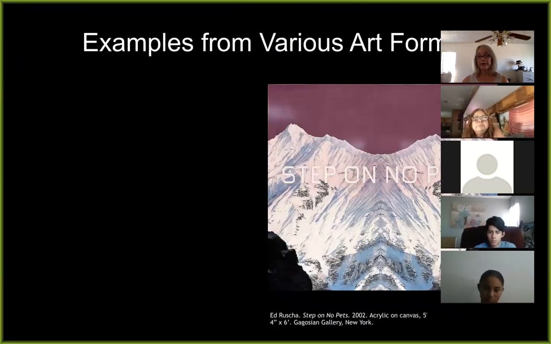Here's an example of an artist who did just what we did with Audrey Hepburn's portrait, only he did it with a mountain. And this is Ed Ruscha. He flipped a scene of a mountain over a vertical axis. And then he also created, and I always have to look at this word, a palindrome.